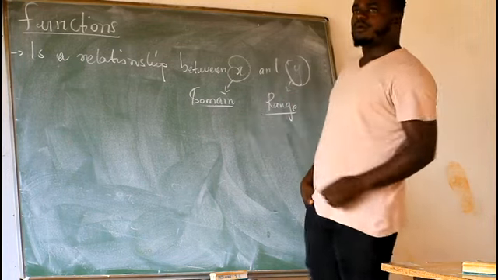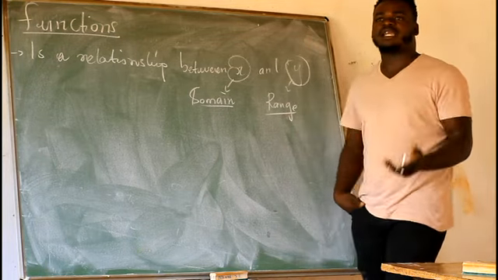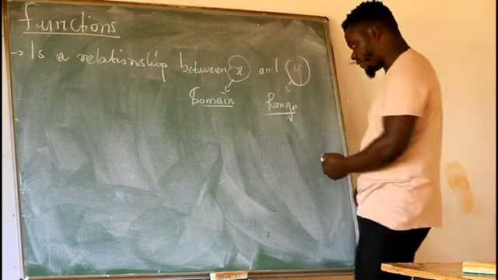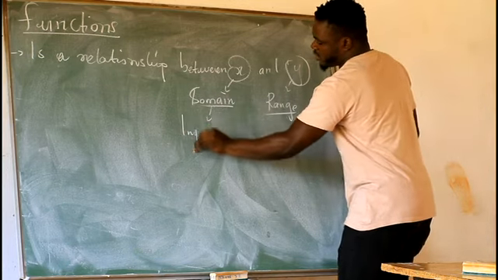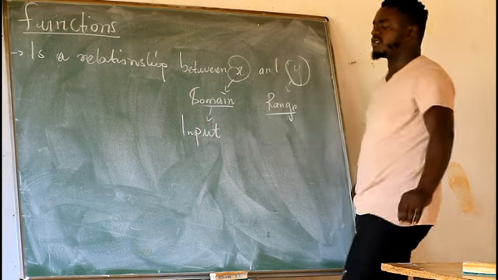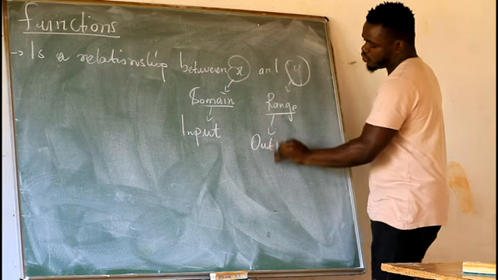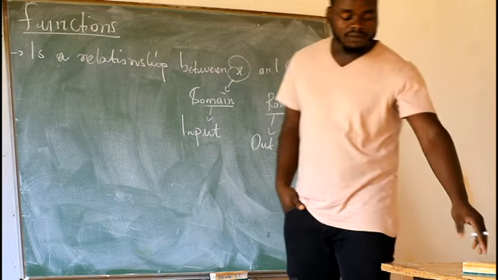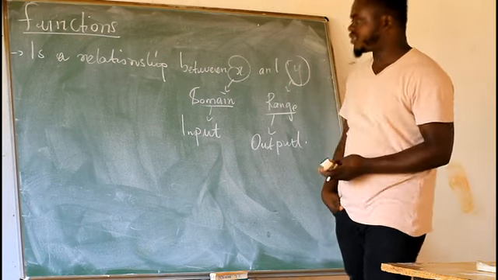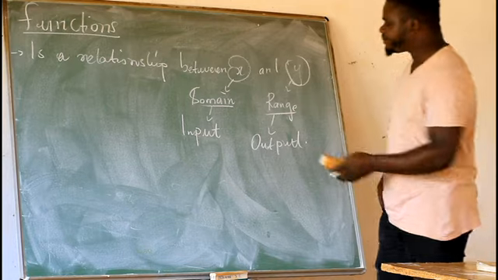Whenever we're talking about the domain, we're talking about the x values, and the range is the y values. Also, the domain is our input and the range is our output. That is where we talk about a function as a relationship between x and y.